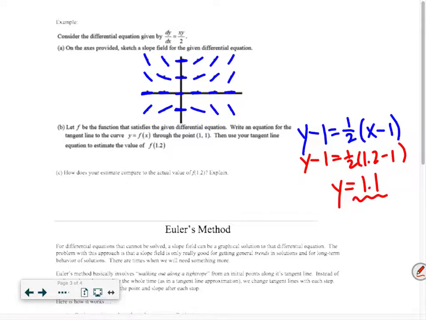It'd be concave up. That's what I'm looking for. Okay, so since we're concave up, we know that it's an under approximation. Our tangent line is going to sit underneath. I'm not going to write it all out, so I want to save some time. But since we can tell that that is a concave up part of the curve, or that solution would be, then our tangent line is sitting underneath.